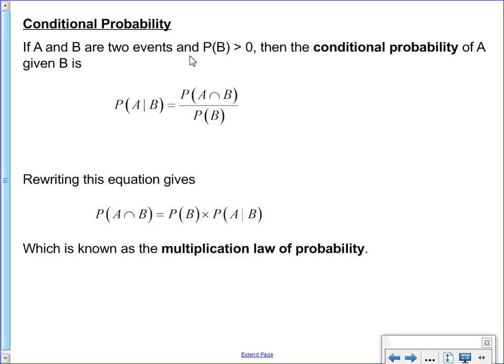All right, so a useful application of this is like picking playing cards, or let's say rolling a dice. If probability of A and B are pretty much the same thing, like coming from the same outcome, then you can also switch this equation around.